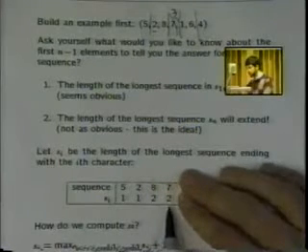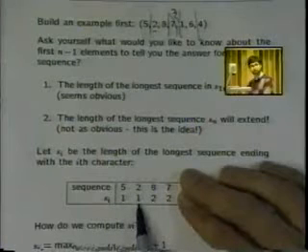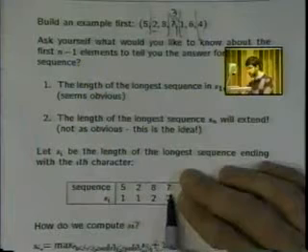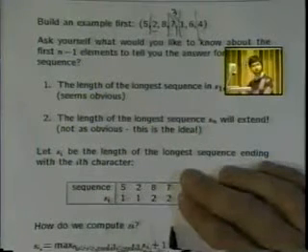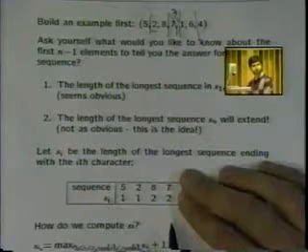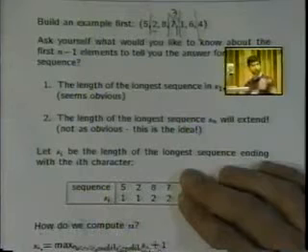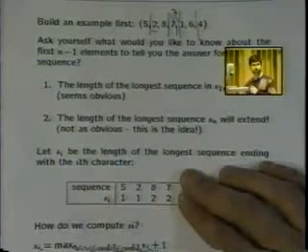What's the longest sequence that ends at 7? Well, it's 1 more than this or this. Why is it 1 more than this or this? Why can we extend 7 to the end of either the sequence that ends in 5 or the sequence that ends in 2? Because 5 and 2 are less than 7. We can't extend the 7 after the 8 because it's bigger.